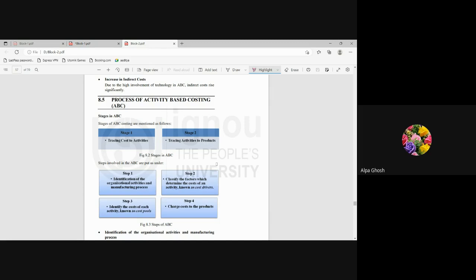Next, classify the factors which will determine the cost of an activity; these are known as cost drivers. Identify the cost of each activity; these are known as cost pools, and then we charge the cost to the products.